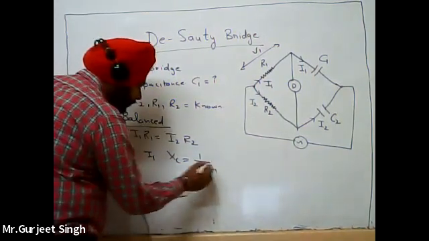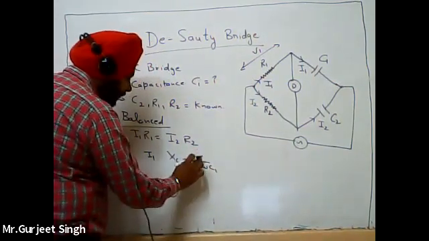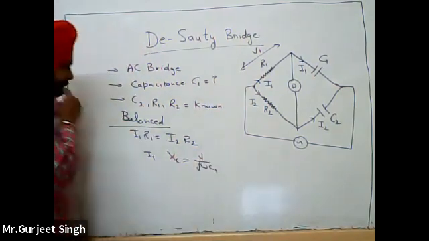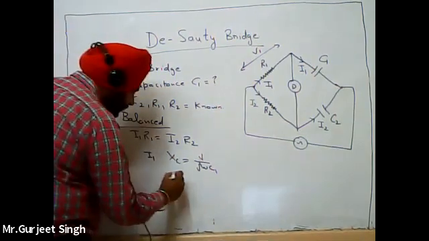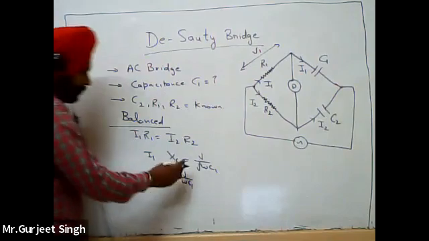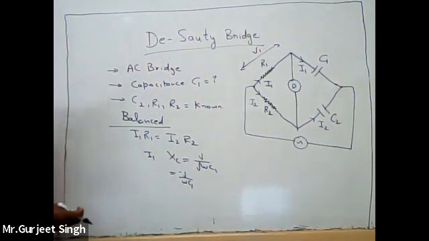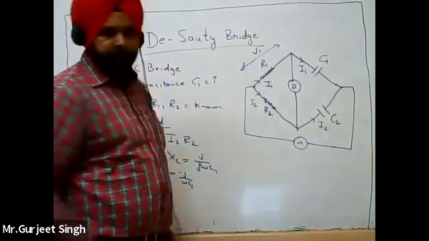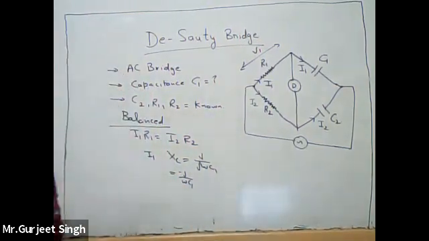If I multiply and divide by j, we get j squared in the numerator and j omega C1 in the denominator. This equals minus j omega C1, so Xc is equal to minus j omega C1.